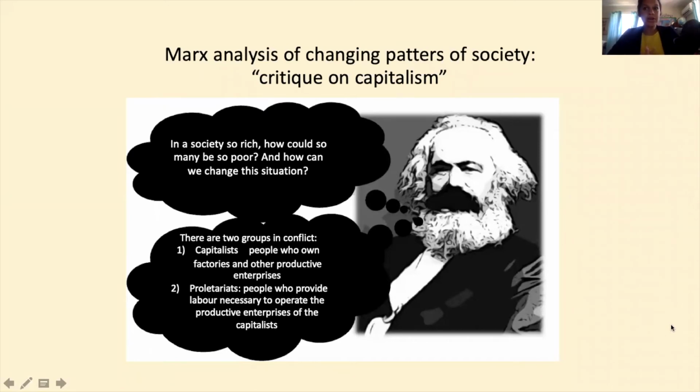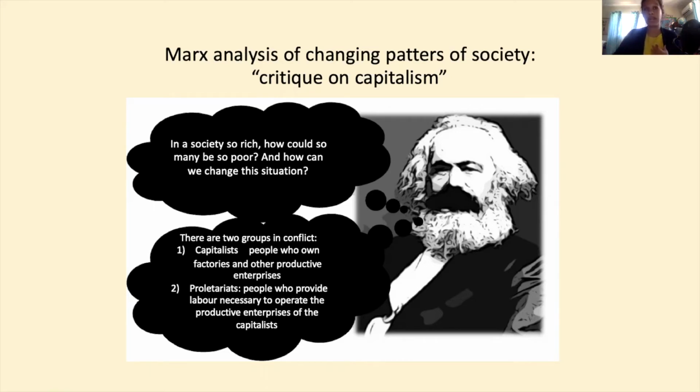So, in order for us to understand the roots of conflict theory, I want to just reflect for a moment about Karl Marx and his analysis during the Industrial Revolution. Marx was very concerned about how this new form of production came to be, what he called advanced capitalism. And he was so concerned with the fact: how could a society that's becoming richer have so many poor people?